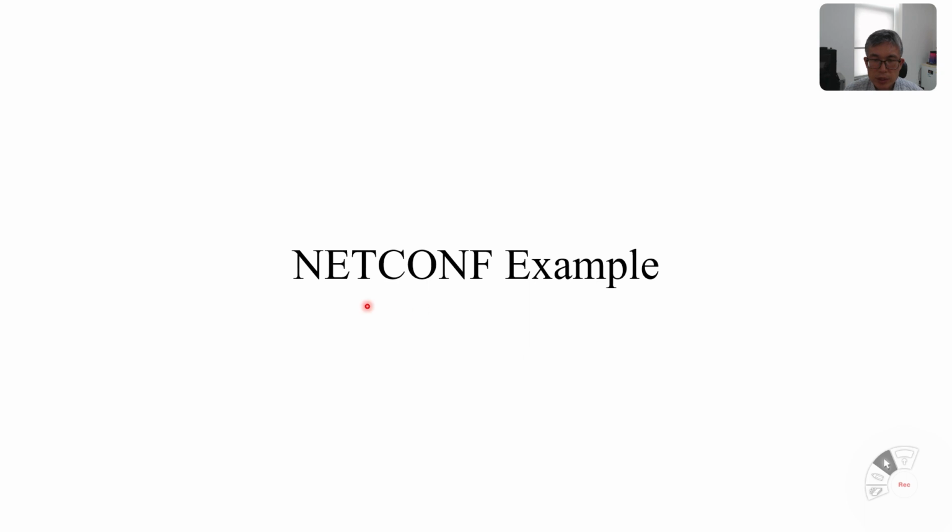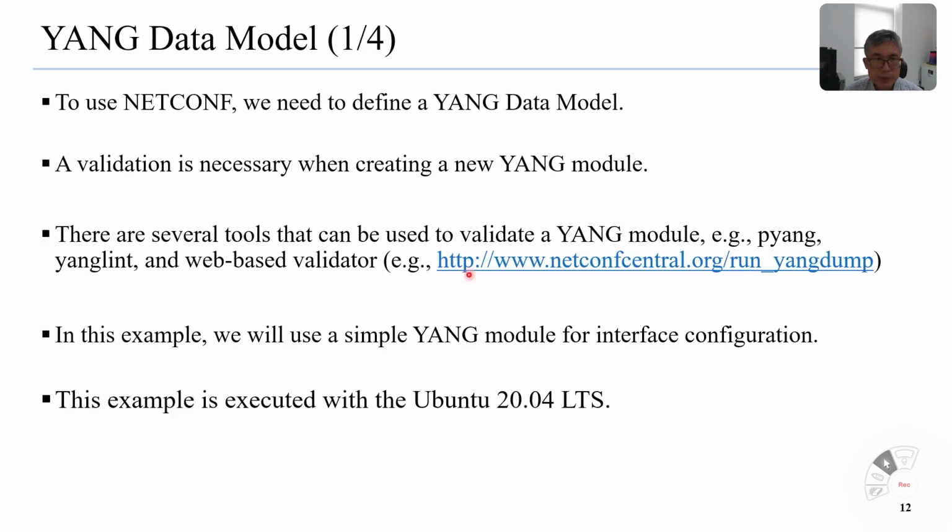So let's take a look at a NETCONF example here. To use NETCONF, we need to define a YANG data model. For validation, we can use a validation tool like pyang, yanglint, and a web-based validator.